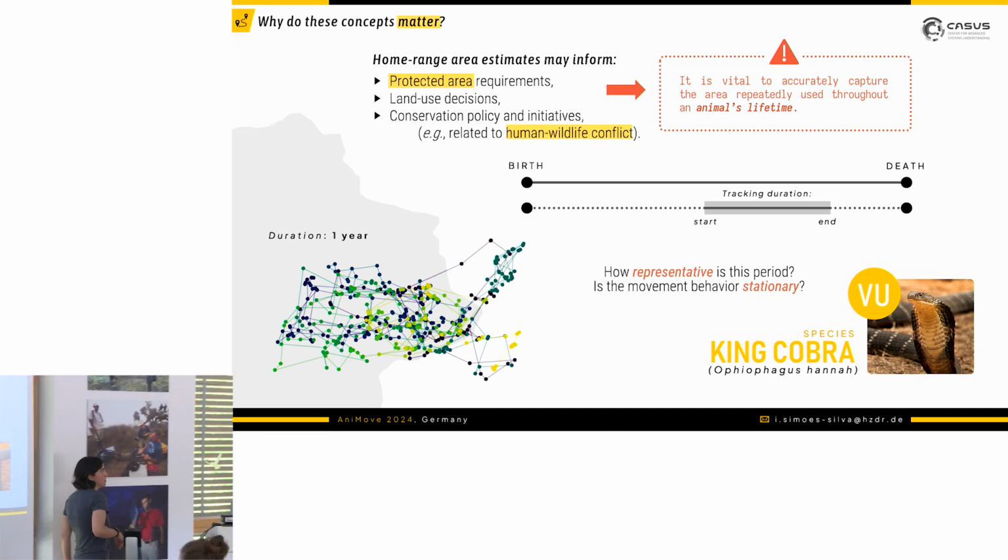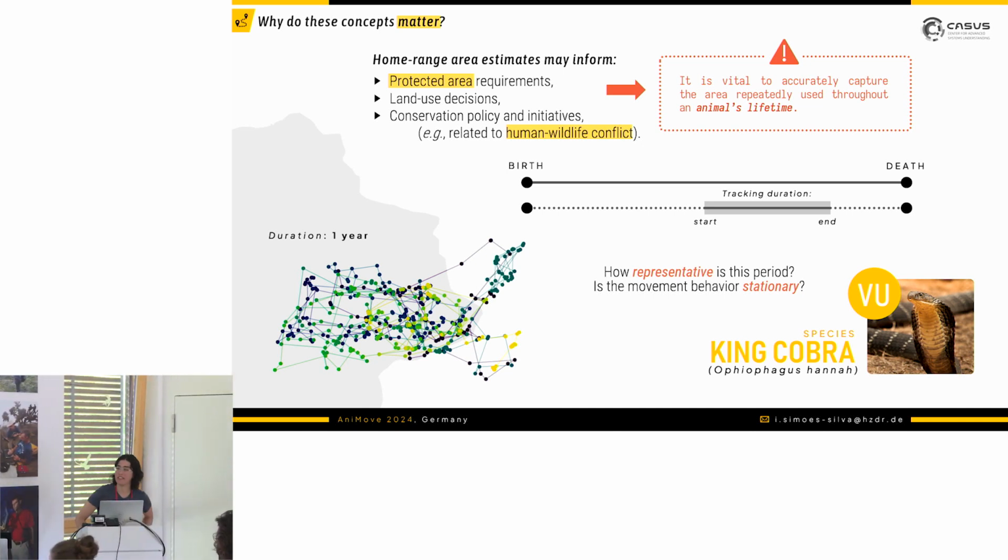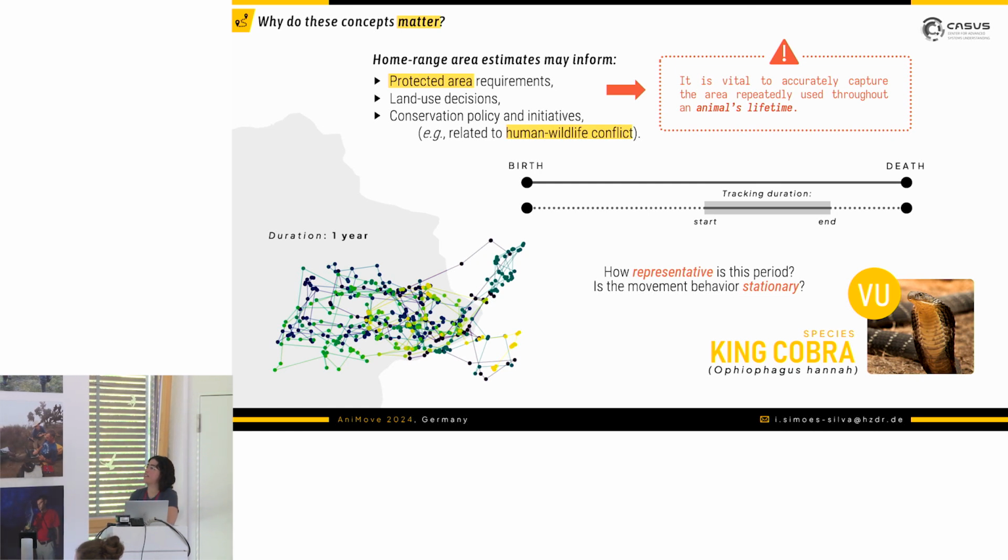Especially considering that this is a venomous snake, we're interested in understanding this human-wildlife conflict potential, and if these areas outside of the protected area are important enough to be featured within the home range, and if that's a concern for how we deal with this in the field, right?